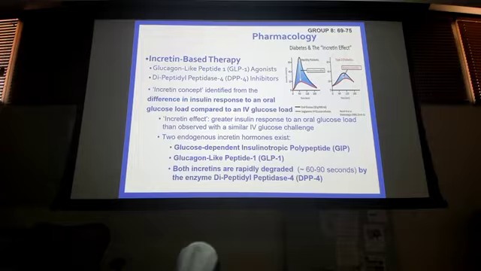So your insulin response is higher through oral glucose than it is through an IV glucose formula. That's because of these peptides. So these are traditionally secreted by your gut when you eat a meal, which then stimulates that insulin response.